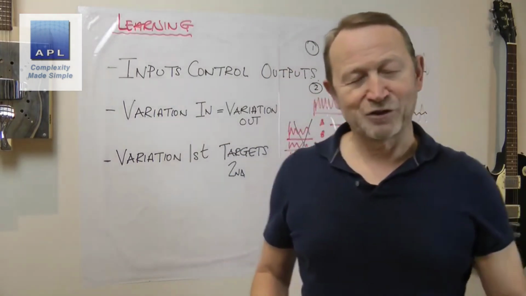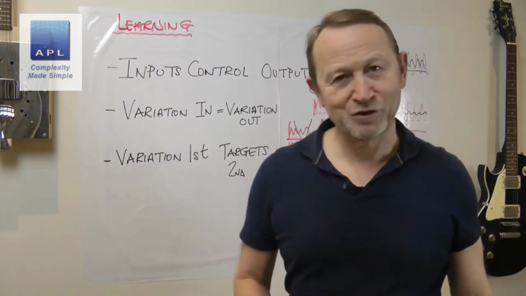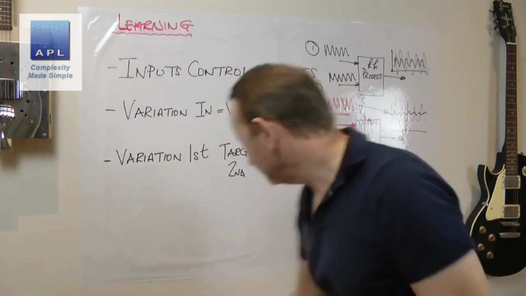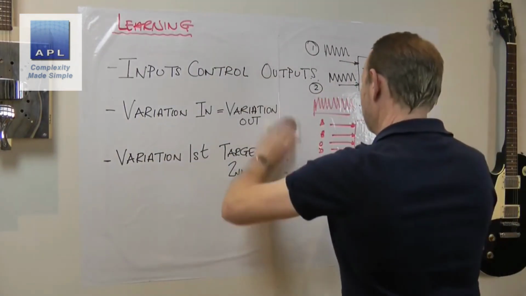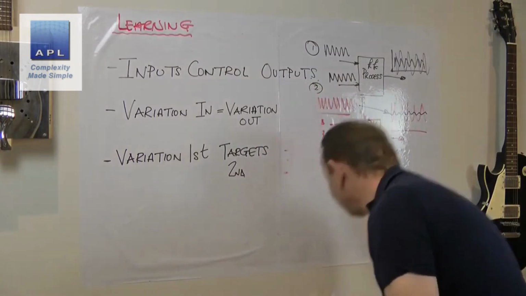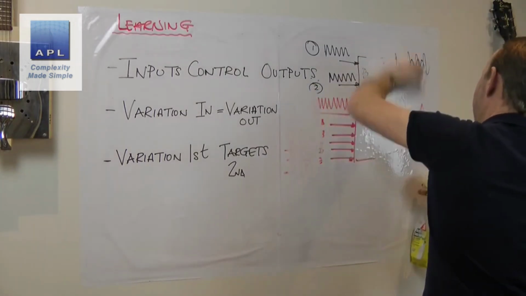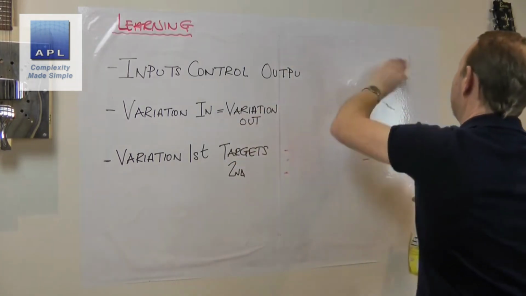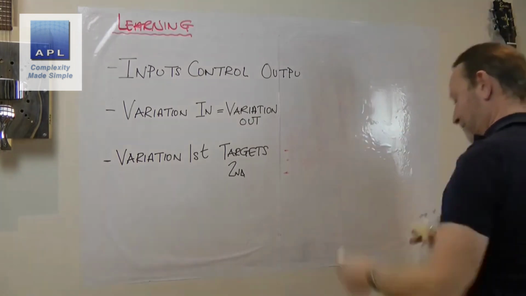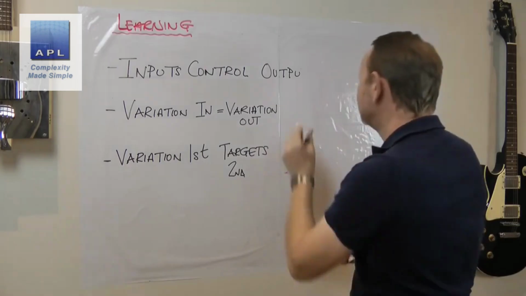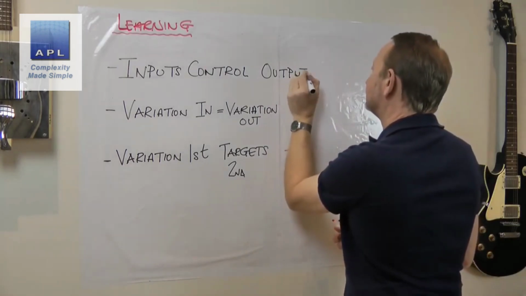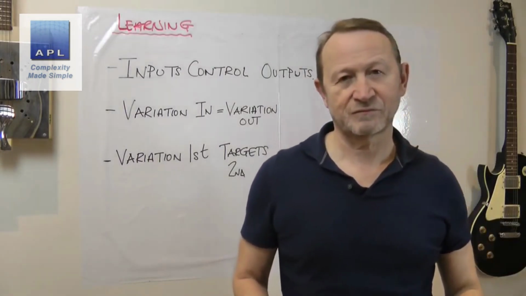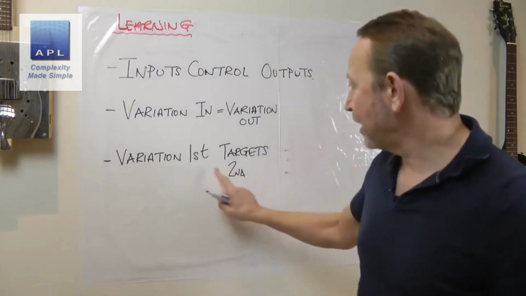Let me get a bit more space on this whiteboard and I'll explain this one to you. Okay, variation first, target second.